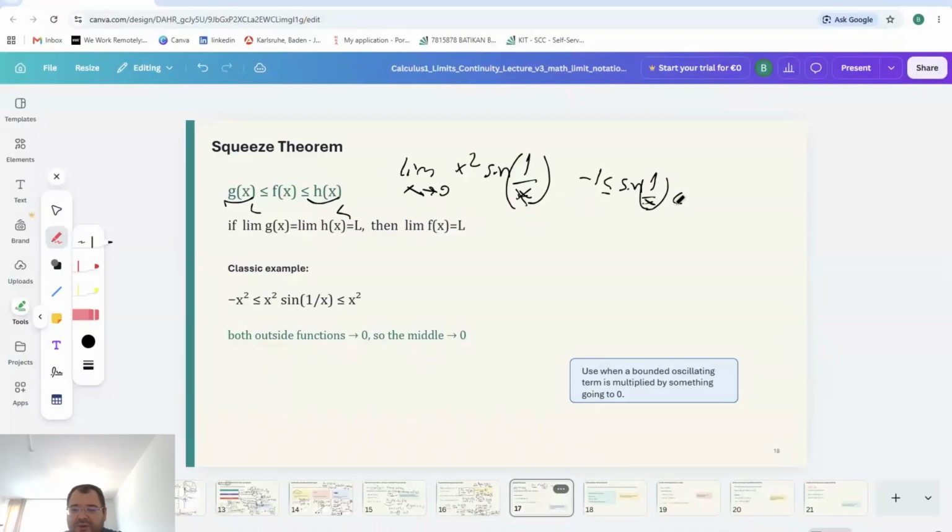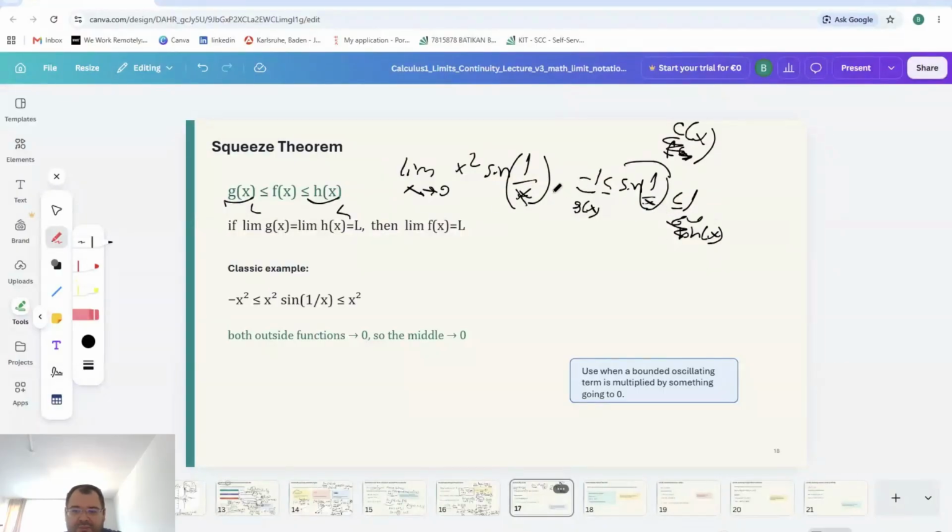So we have already some functions. Minus one is like a g(x) function, plus one is like an h(x) function, and this is like an f(x) function. Here, not f(x), but let's say c(x) function. So this c(x) function is between minus one and one, g(x) and h(x).